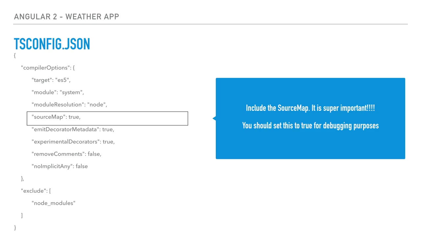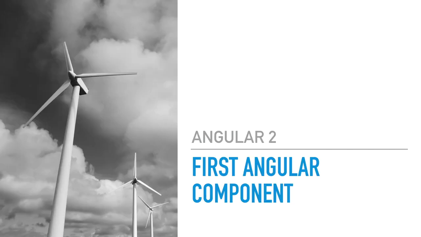Hopefully, with this property specified to true, the browsers will be smart enough to refer from the final JavaScript file to the TypeScript original code that we wrote. So we can debug in TypeScript even if the real code is executed in JavaScript ES5. Okay, so don't forget this property, it's super important.